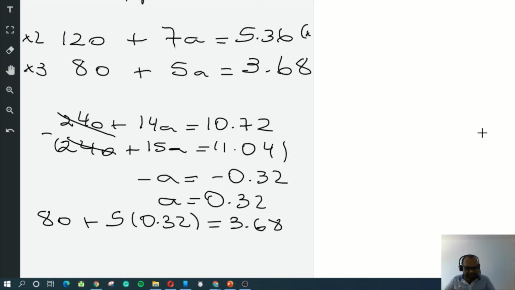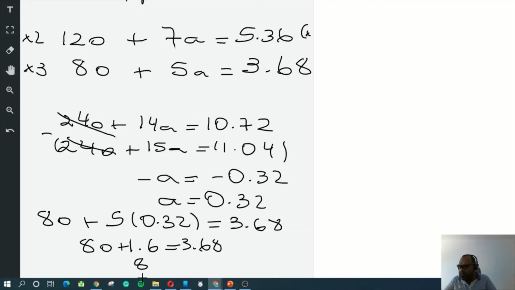5 times 32 cents is 1.60. Here is 8O plus 1.6 equals 3.68. I will move 1.6 by the opposite. It will be negative: 3.68 minus 1.6 is 2.08.